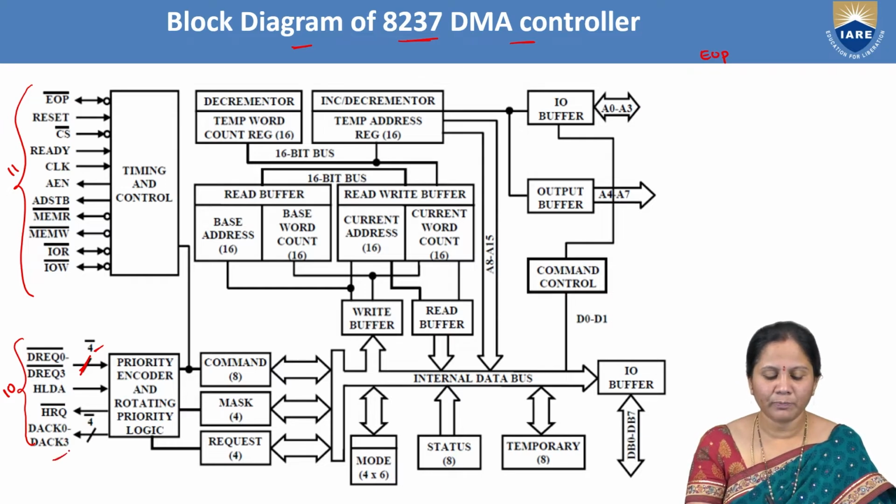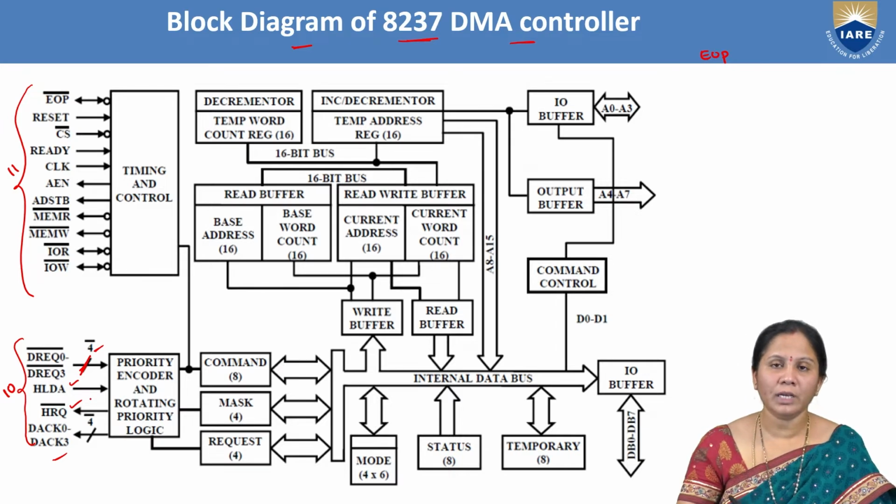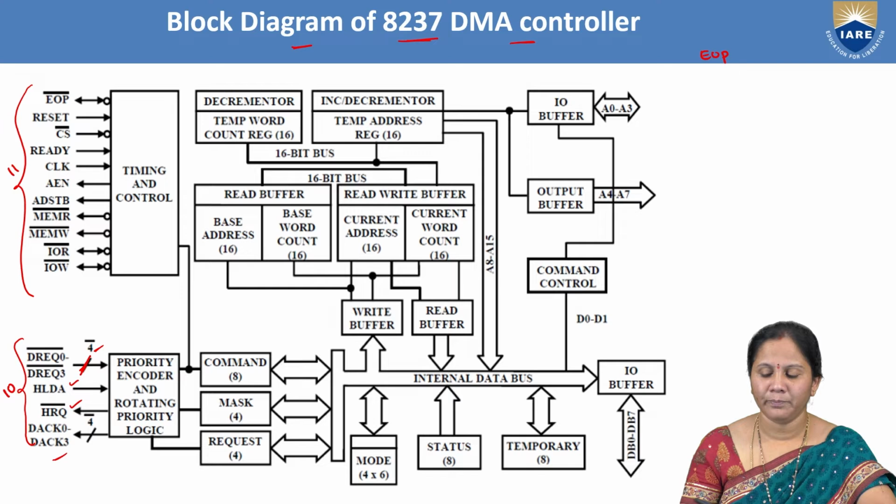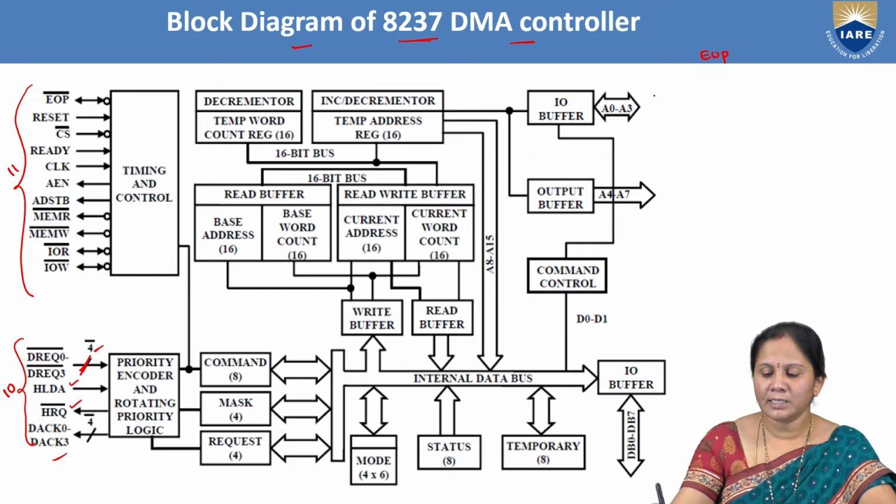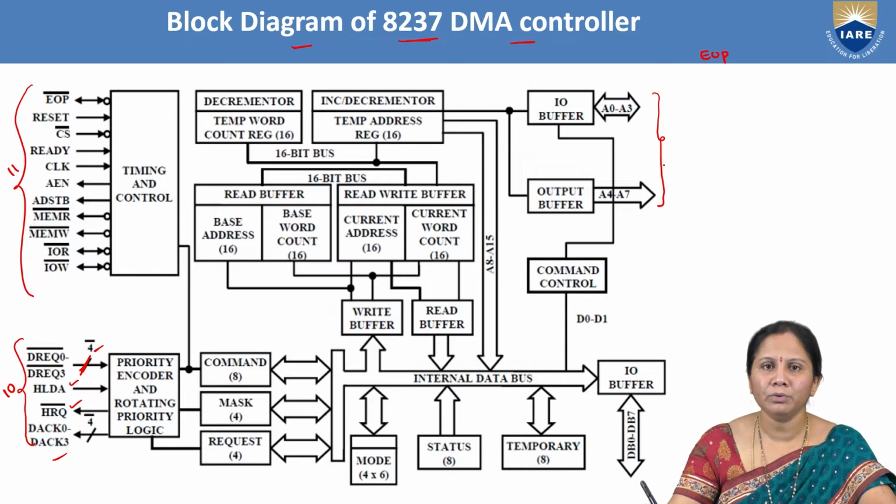So these are the 4 acknowledgement signals. 4 plus 4 is 8, and then there are hold acknowledgement and hold request, so these are the total 10 signals. Another set of signals is A0 to A3 and A4 to A7. These are the 8 address lines; this is the lower nibble and this is the higher nibble. So totally these address pins are 8.